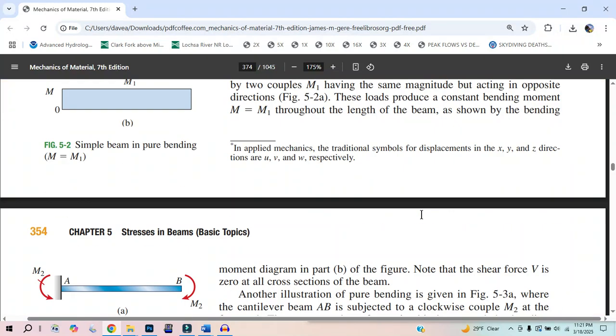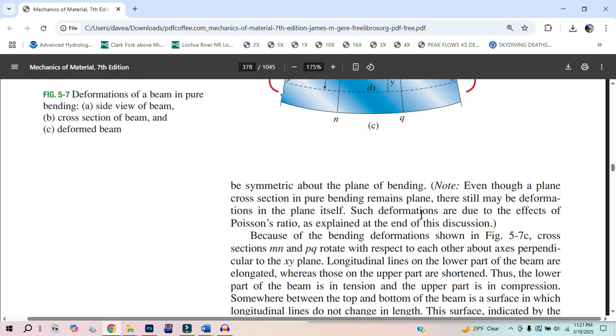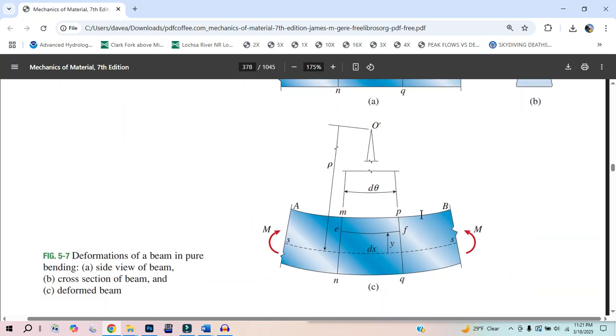So I guess, and this is fascinating, before you do the equations, could you get there? I don't think I could.